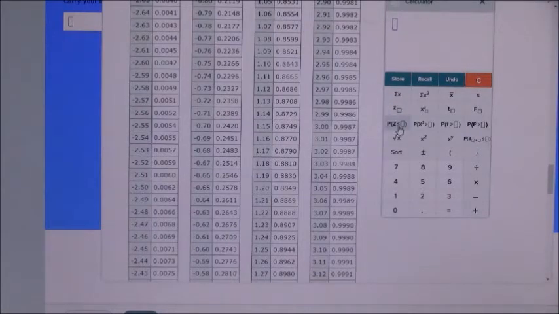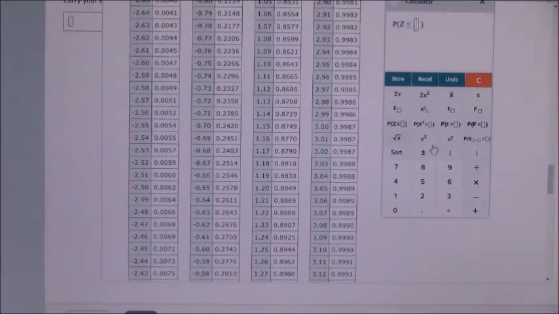So if I do the P of Z is less than, and I do 1.11, it's going to give me that same value that was in the table. If you can look and see at 1.11, you get 0.8665.